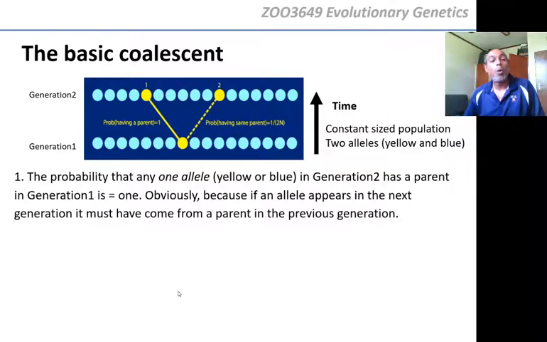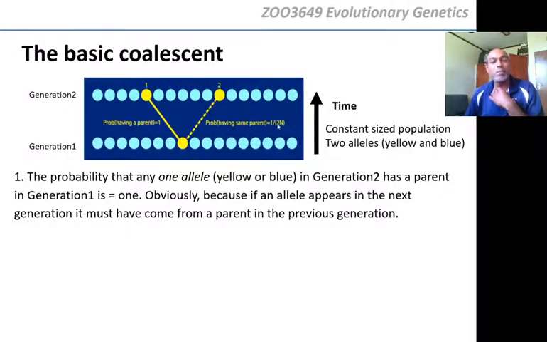So the first step is to figure out what is the probability that any one allele, either yellow or blue, in the offspring's generation has a parent in the parent's generation.